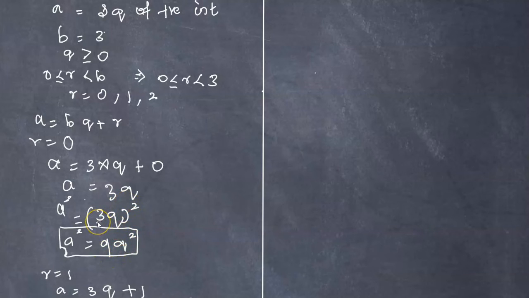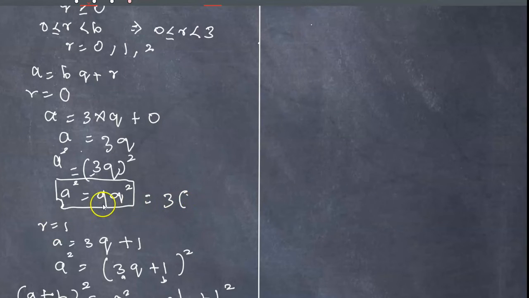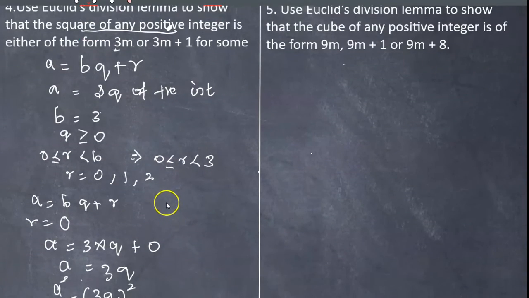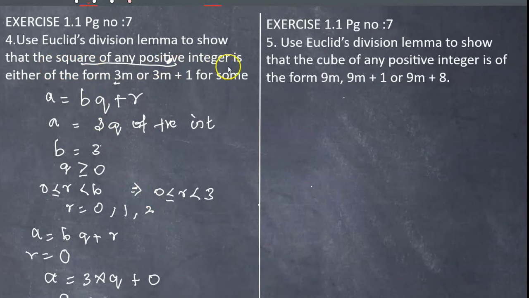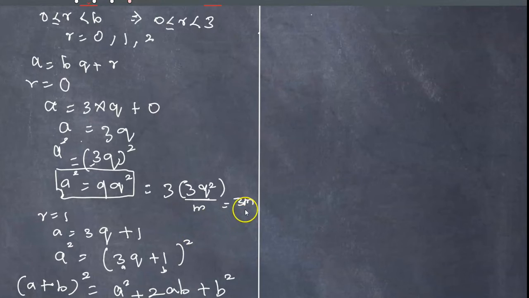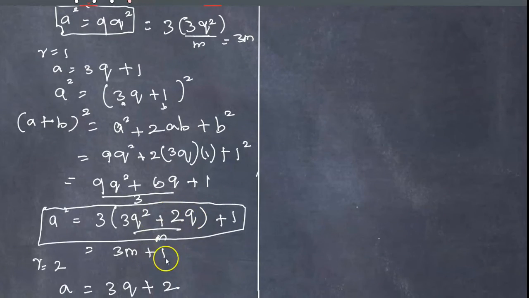Even this we have to take 3. This 9 can be taken as 3 into 3Q square. So this is m, which means this is equal to 3m. So this shows that the square of any positive integer is in the form of 3m and 3m plus 1. So this is of 3m and the remaining is of 3m plus 1.